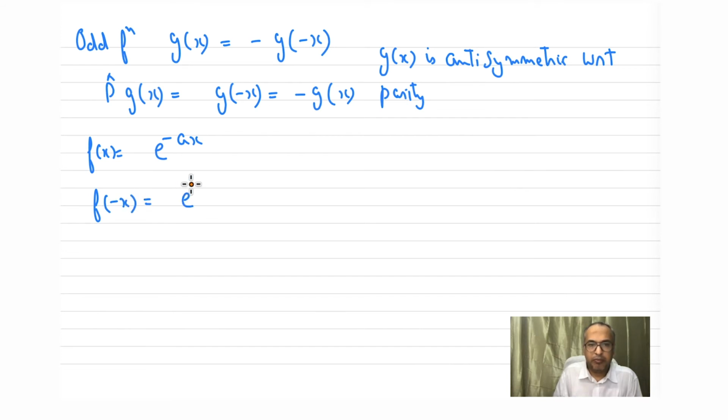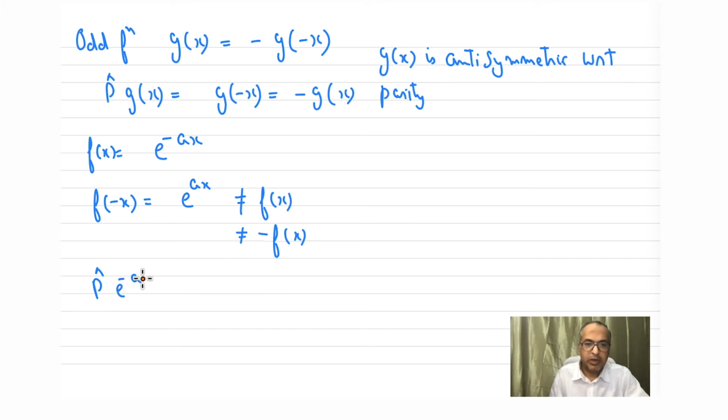You get e to the power ax, which is not equal to f(x), and not equal to minus of f(x). So if we apply parity on e to the power minus ax, we get e to the power ax, which is neither f(x) nor minus f(x).